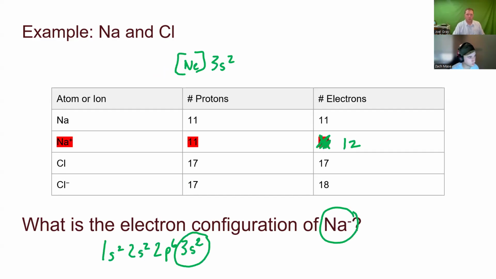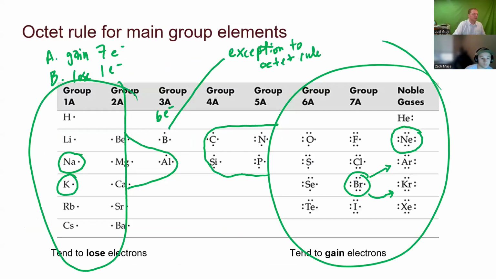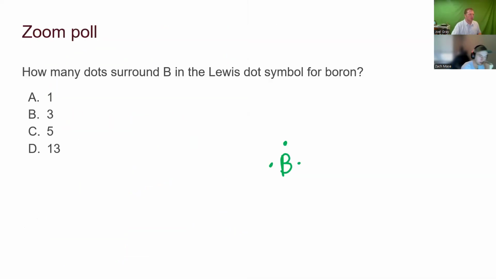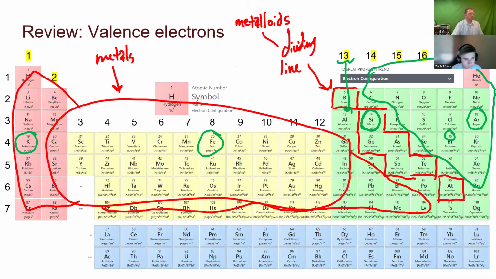Well, where is chlorine on the periodic table? It's right here. When chlorine picks up one more valence electron, it takes on the electron configuration of argon. Looking at it on the periodic table, chlorine picks up one more electron and has argon's electron configuration.